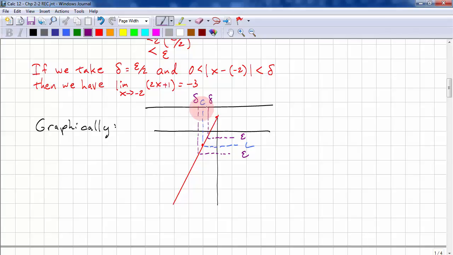And again, we can see why this is absolute value because we have the negative side and the positive side.